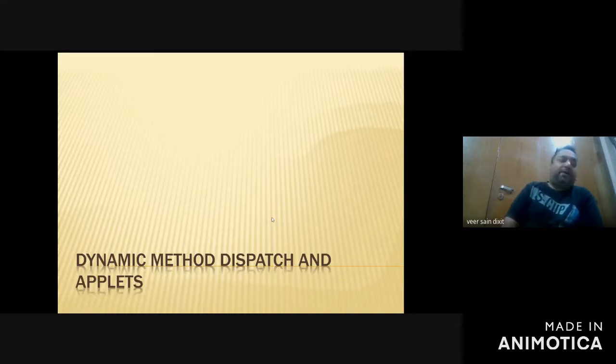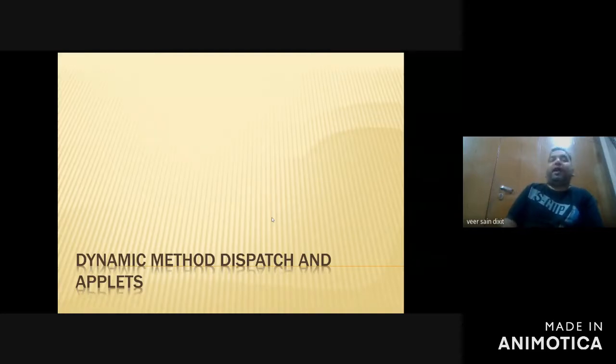Earlier, I told you what overriding is. If you are using the concept of inheritance, there are more than one class: a superclass, then a subclass, a subclass of that subclass, and methods with the same name and the same signature each exist in the classes.